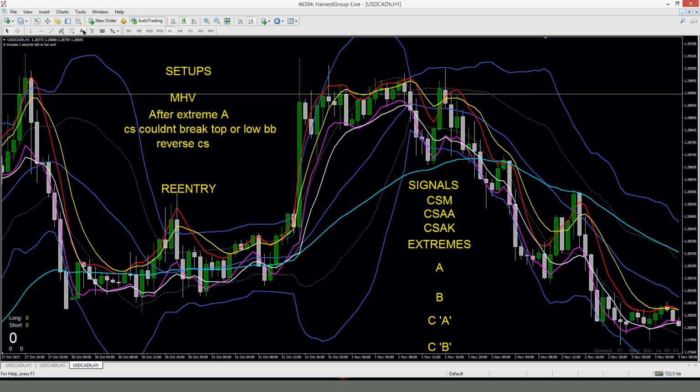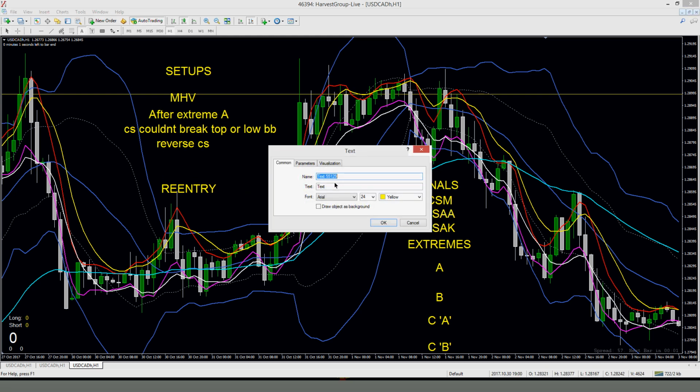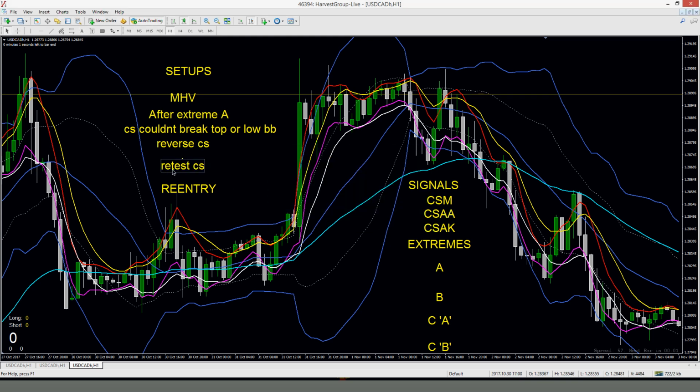So that's the fourth characteristic of MHB. So first, you have extreme A, TP wajib, you have a candle that couldn't break top BB. Also, this one is the highest candle body, so you have to mark the highest candle body. And then there is a reverse candle. So this is the pairing.